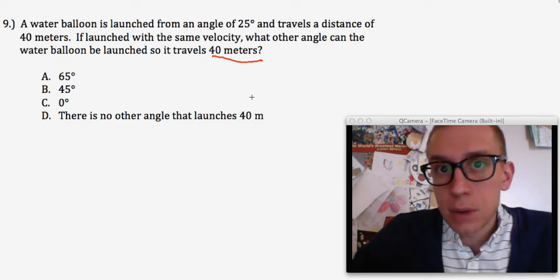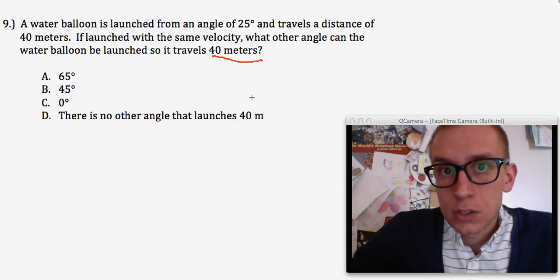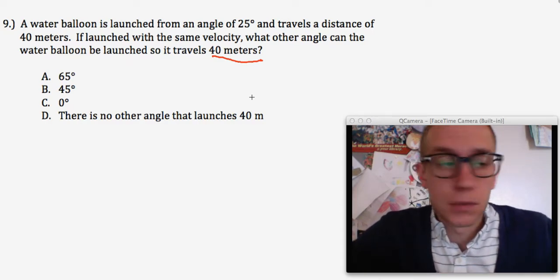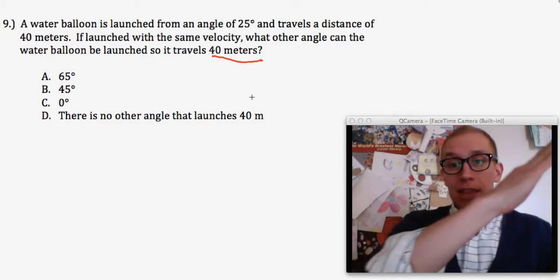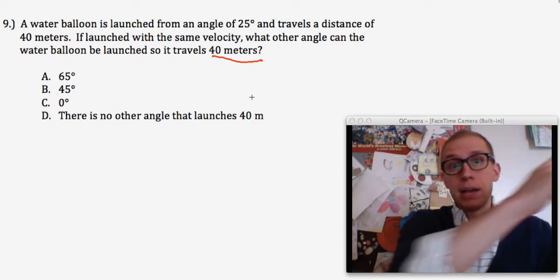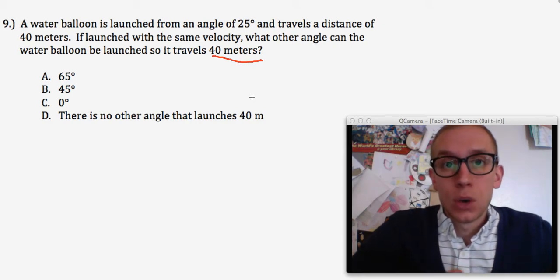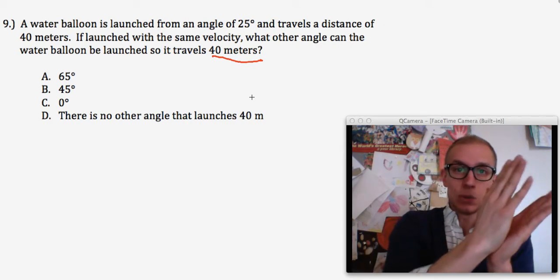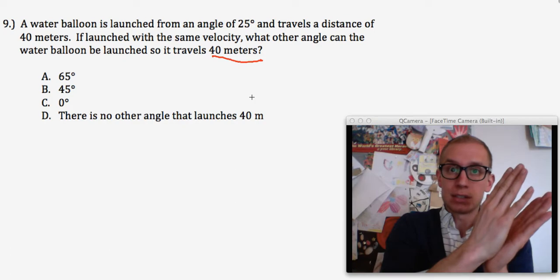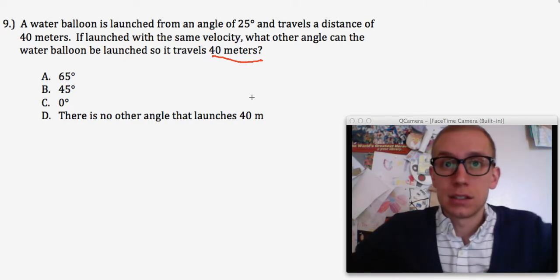Okay, this is another problem we did on PhET. So there were 2 concepts we learned from that lab. One was that 45-degree angle gave us the best launch range. Okay? The other thing that we learned was if your angles are an equal amount from that 45 degrees, then they'll go the same distance.